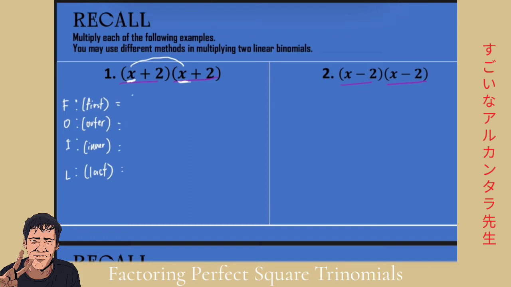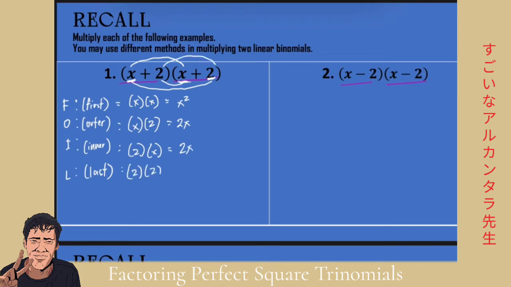x times x, that will give us x squared. The outer terms, nasa labas po, x and 2. So basically, x times 2, that will give us 2x. Next, 2 times x for the inner terms, that will give us 2x. And for the last terms, 2 times 2, that will give us 4.